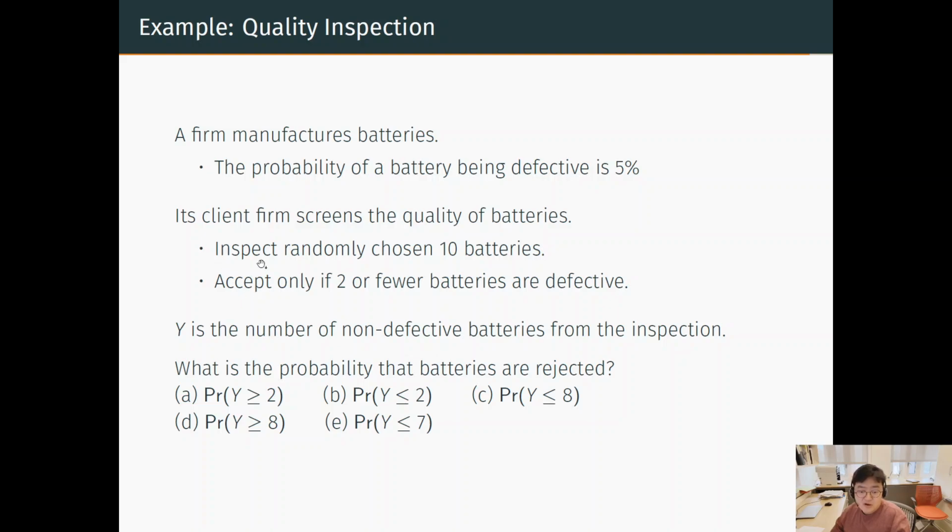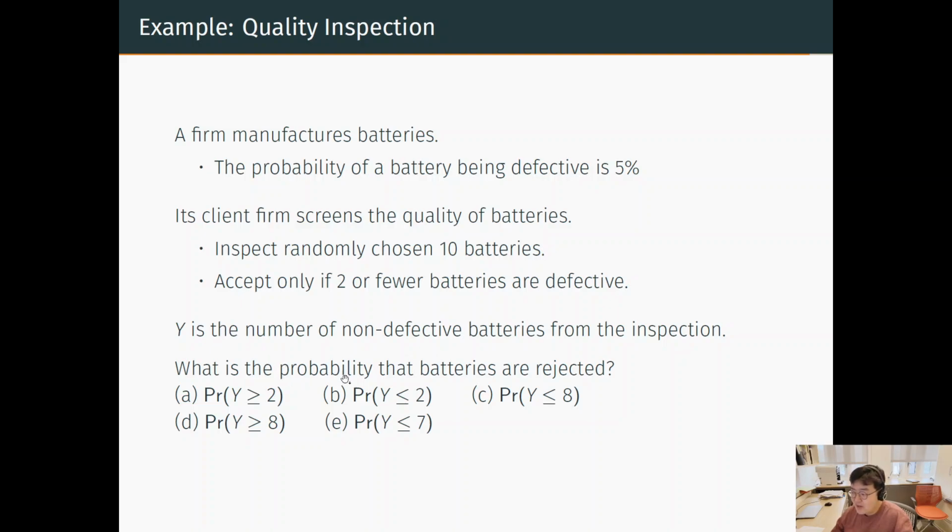So the batteries are accepted only when Y is 8 or greater. Here I'm counting defective batteries, but Y is defined based on non-defective batteries. So we are counting different sides, but in the end, they are the same thing. So accepted if Y is 8 or greater.